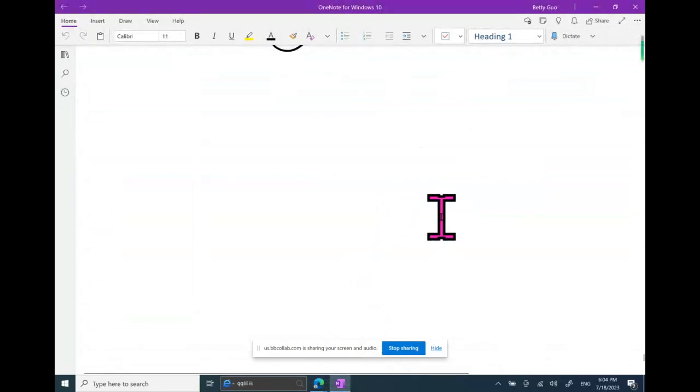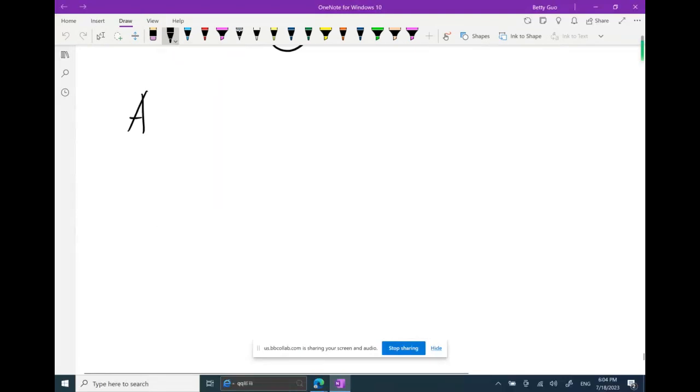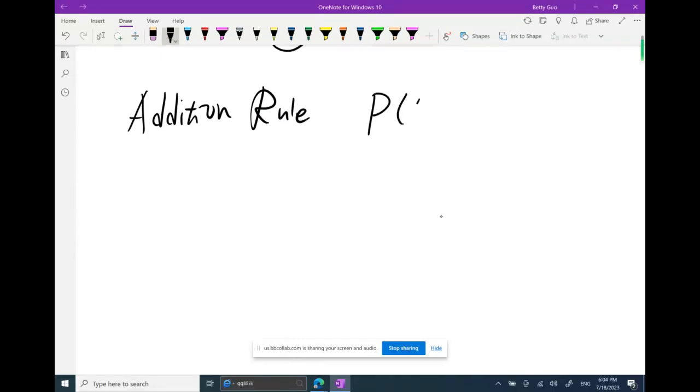Let me quickly introduce addition rule in probability. Addition rule is used to compute probability of A or B. And we have two formulas we need to grasp.